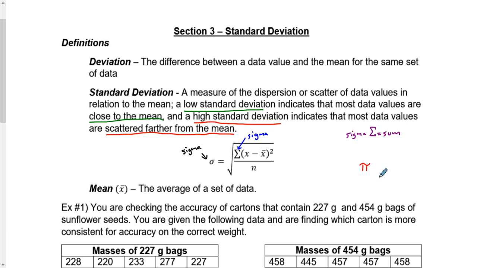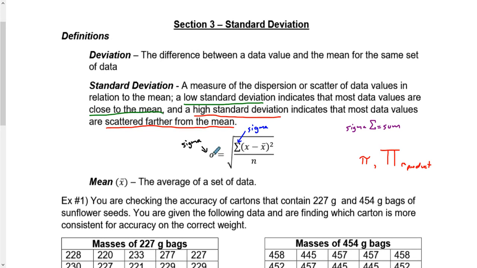This is lowercase pi, whereas the uppercase pi looks very similar. And if the uppercase sigma means sum, the uppercase pi actually means product. So if instead here we have the product of all of this, we'd be taking all of these values squared and taking the product of them, so multiplying them all together. That's a fun bit of information. We really just need to know that this lowercase sigma means standard deviation.